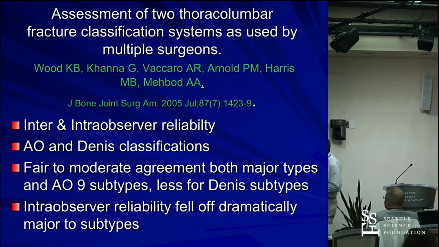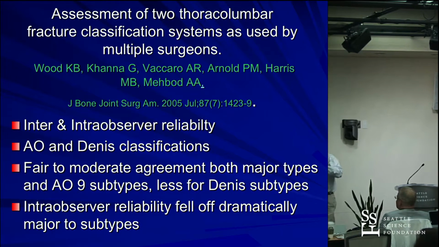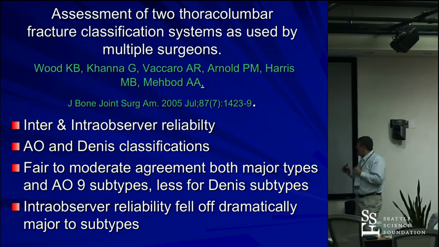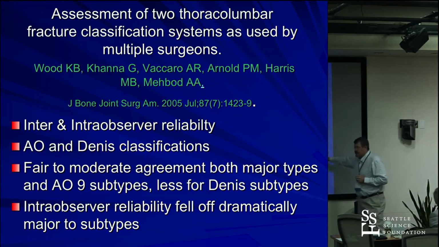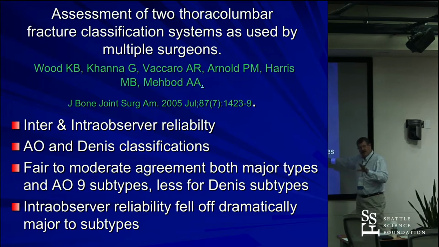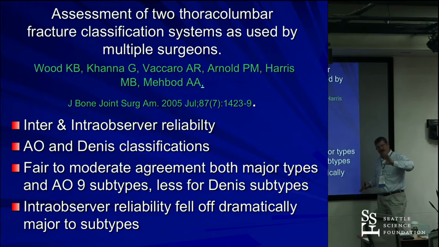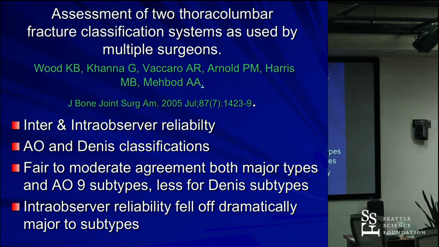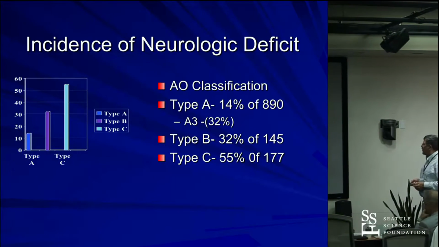This study, again, looked at the same thing. They found if you kept with the most simple forms, the major types of the fractures in either one, you probably could do okay. Like we feel that's compression or a burst. But when you started breaking down into the subtypes for either one, the thing fell apart. And it's the subtypes that really are the problem.